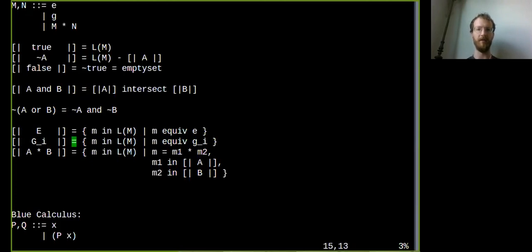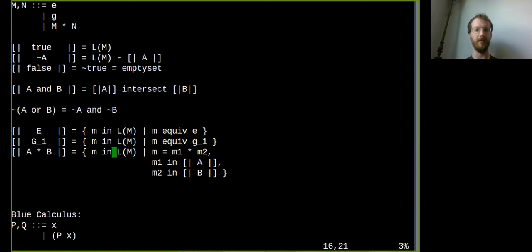And we can use our monoid generators as well in our logical formula, and this is saying that we'll again pick out all of the elements from our language that are equivalent to the generator that we're talking about.